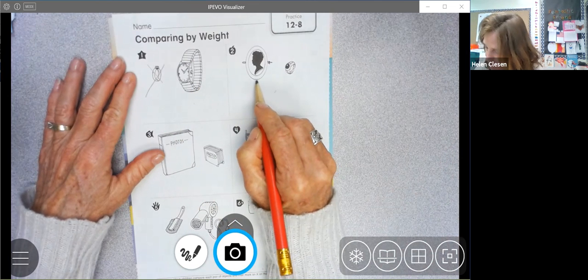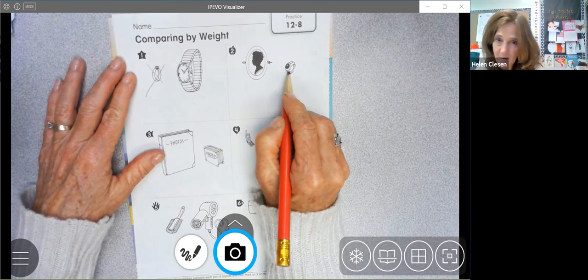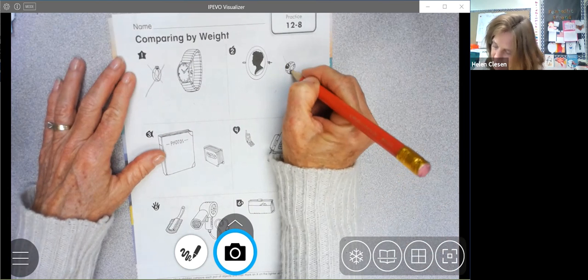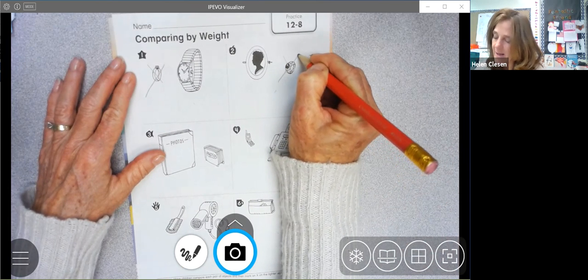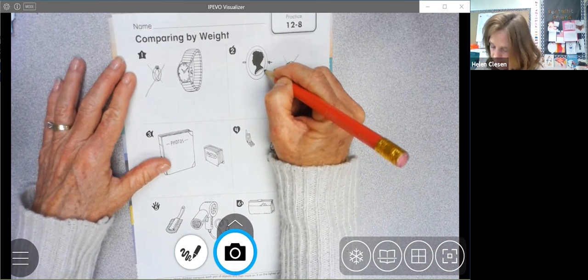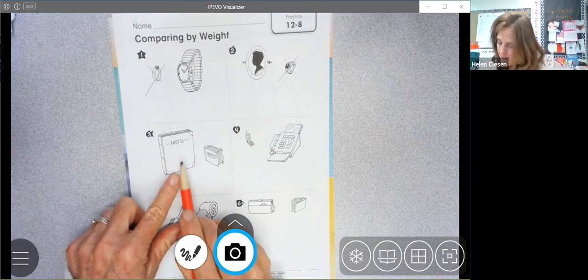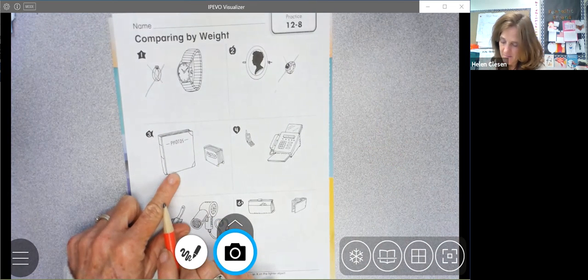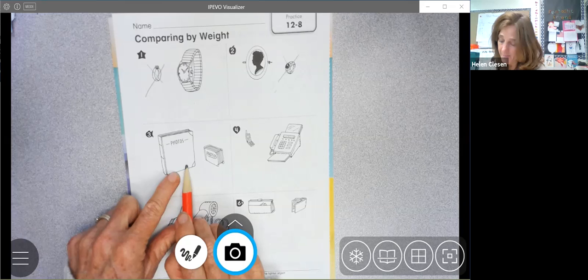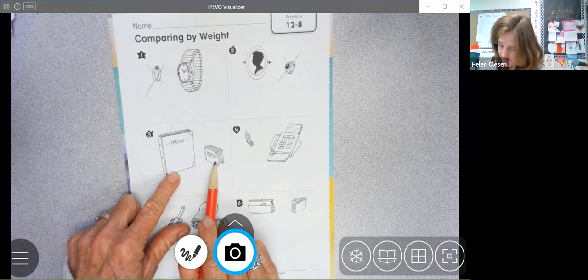Here I have a big picture frame, and here I have a ring, another ring, I believe that is, or a bracelet. I believe that this ring or bracelet is lighter than the picture frame. These are both photo albums, but this is a bigger photo album. So I would say this photo album is heavier than this photo album.